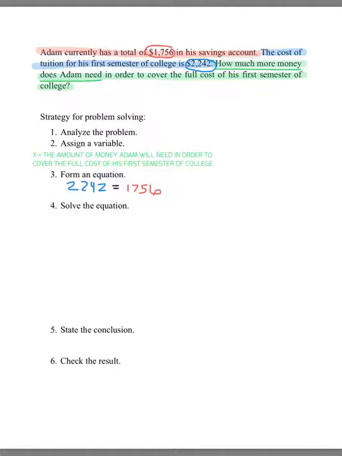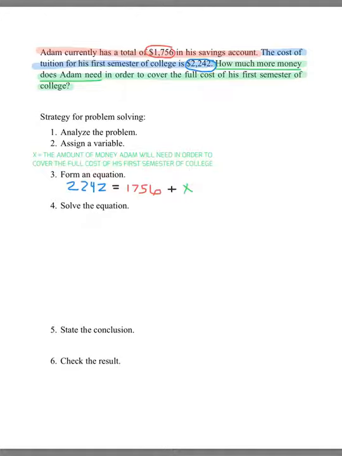That's what he currently has. So if he wants to get from 1,756 to 2,242, we're going to have to add a certain amount to that. And that amount that we want to add is exactly what we're looking for, which is what we're missing, which is represented by the variable x. So it's going to be an equation.